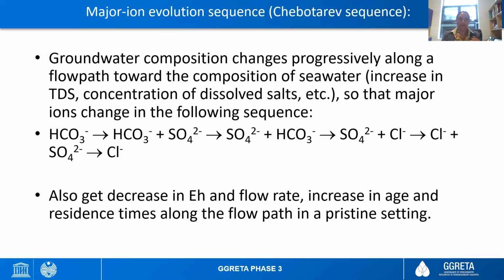Now, if we consider pristine sedimentary basins, remember we are still looking here at which parameters to monitor and how frequently, and some characteristics of your study areas that may help you define your objectives and your parameters and your sampling frequency.